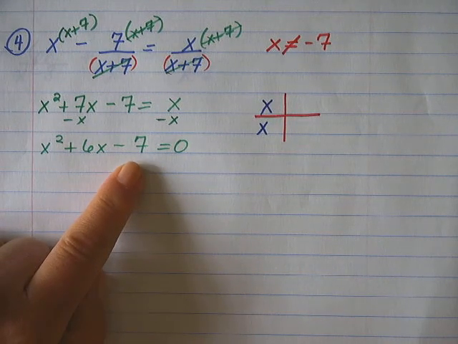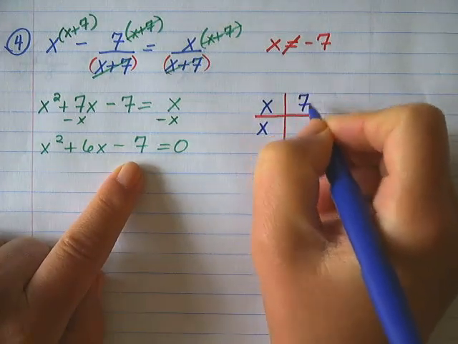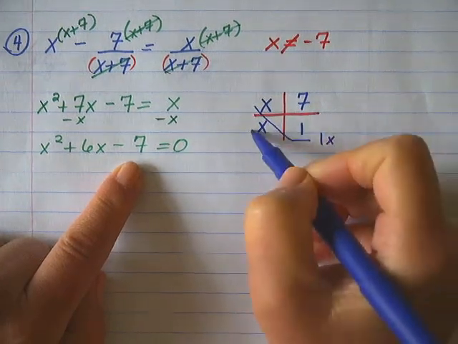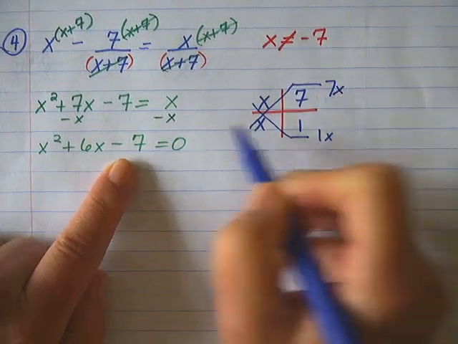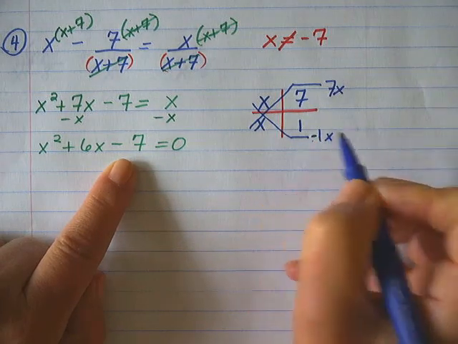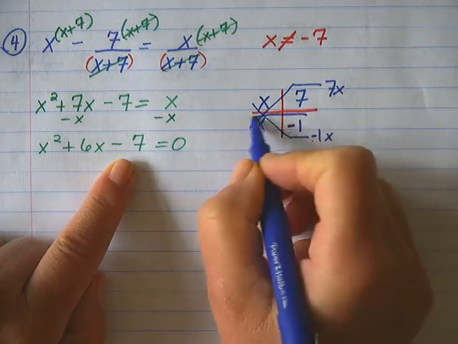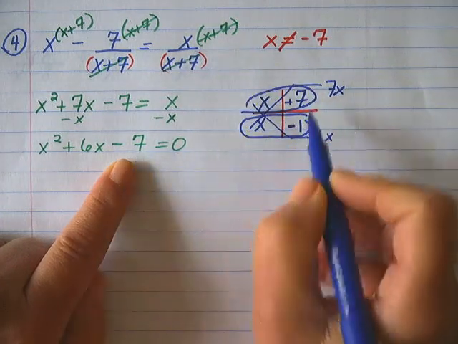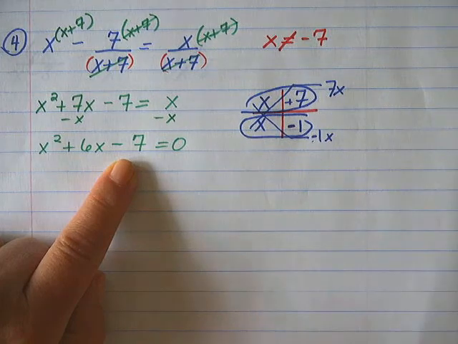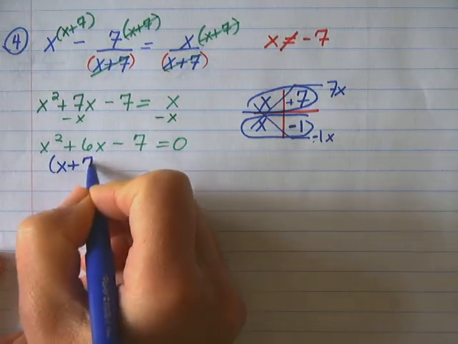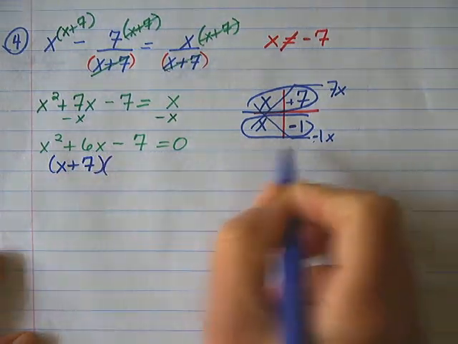What times what gives me 7? 7 times 1. That gives me 1x and 7x. Can I make a 6? Ooh, I can if this were a subtract. X minus 1 times x plus 7. Let me just check the last term real quick. 7 times negative 1. Yep, I'm good. So this factors as x plus 7 times x minus 1.